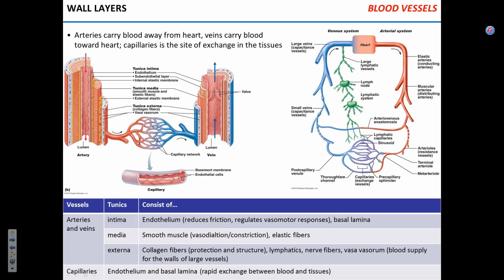There are three types of blood vessels, okay? Arteries, veins, and capillaries. Arteries carry the blood away from the heart, as you know. That's illustrated here.